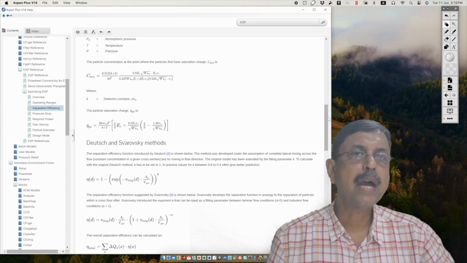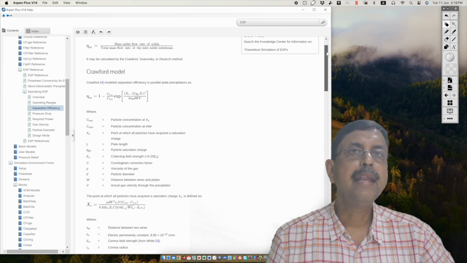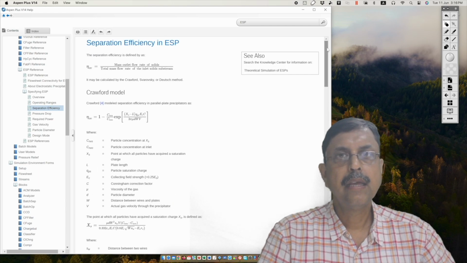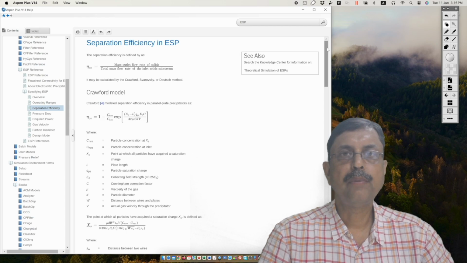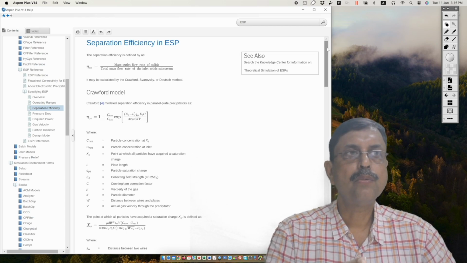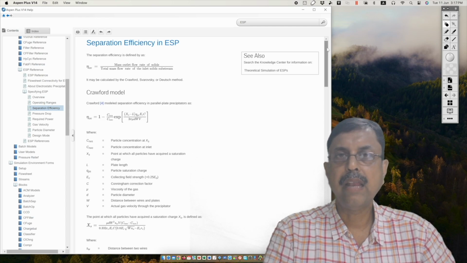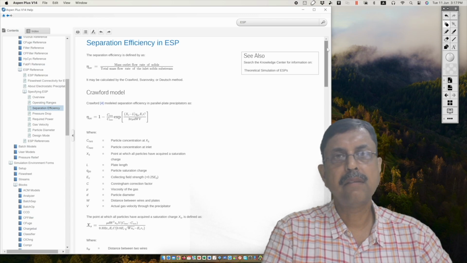In order to understand these models, let us first open the Aspen Plus simulation window and look at the model parameters. Then we can tally between what we learn over here in the help file and what is available in the Aspen Plus simulation window.